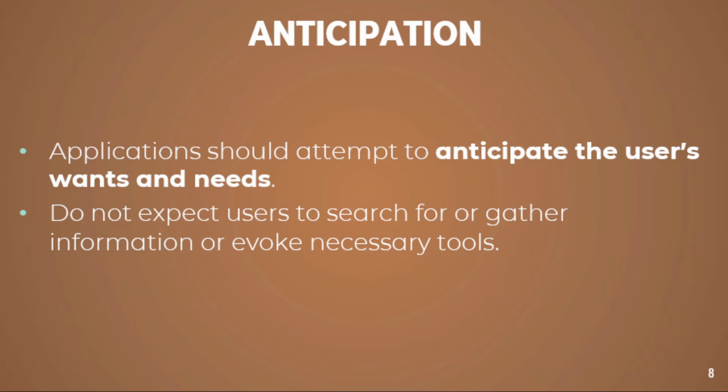So you anticipate. Do not expect the users to search for or gather information or evoke necessary tools. Have you ever visited a website where you need to open another website just to get information about what you're trying to open in this website? Am I making sense? For example, you opened a website and the first thing you saw were texts and words that are quite difficult to comprehend, so you opened another window and googled some words that you read in that website.